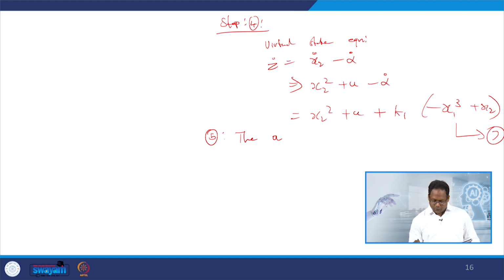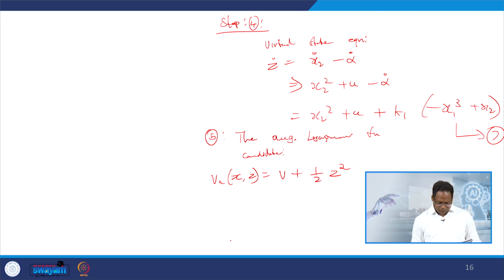Now, in step 5, we have the augmented Lyapunov function candidate, chosen as V a of x comma z equal to V plus half z square. So, V a dot becomes V dot plus z z dot.